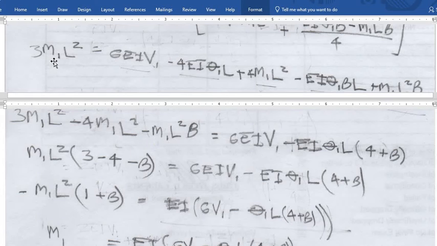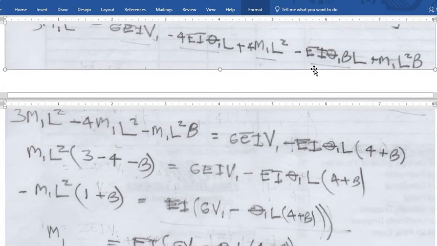So, the 3m1l squared, there. Then, the 4m1l squared, we move to the left, so it became negative. Then, m1l squared b, positive, we moved it to the right, so it became negative. Okay? So, these are the m1l squared terms. This is common. So, m1l squared times the quantity 3 minus 4 minus beta.